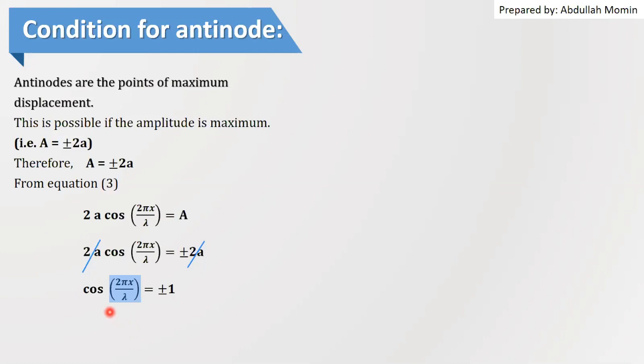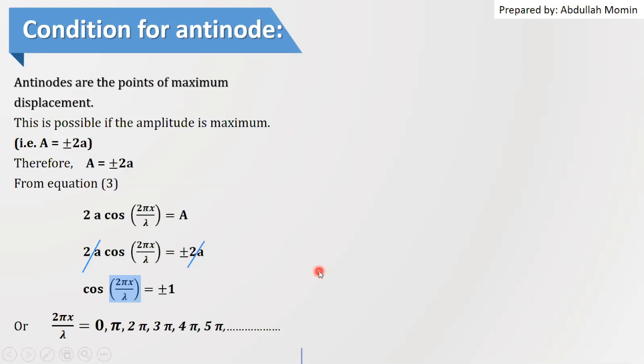So what is our condition here? 2 pi x by lambda can be 0, pi, 2 pi, 3 pi, 4 pi, 5 pi, and so on. If this term is equal to 0, that means cos 0 is plus 1. When this term is equal to pi, we get cos pi as minus 1. Then cos 2 pi is plus 1, cos 3 pi is minus 1, cos 4 pi is plus 1, cos 5 pi is minus 1.